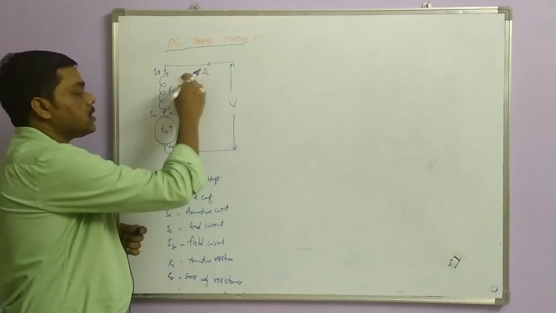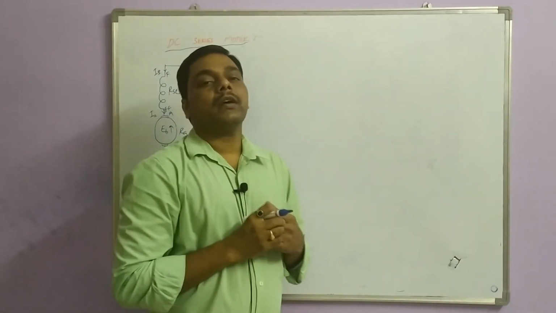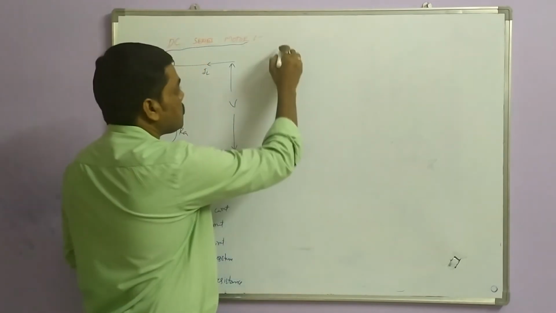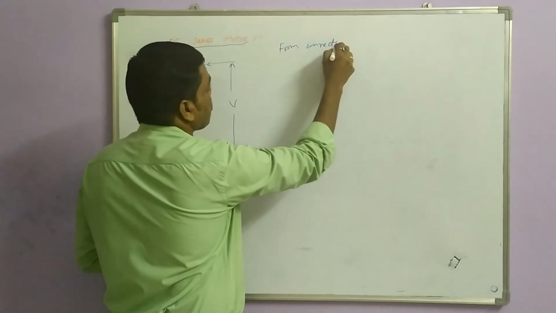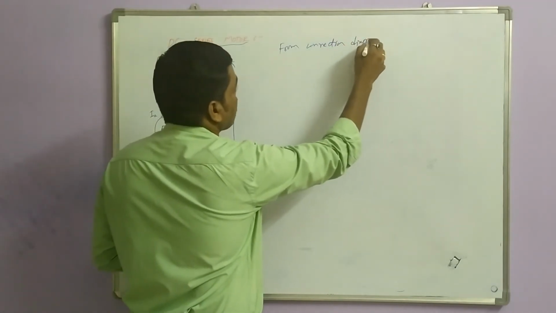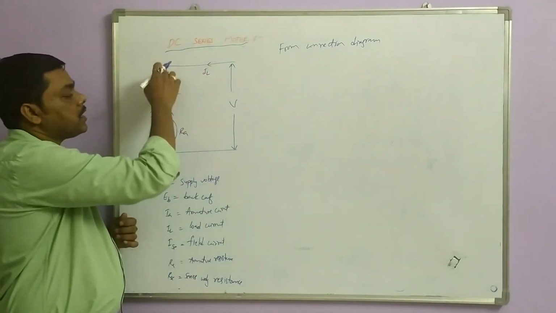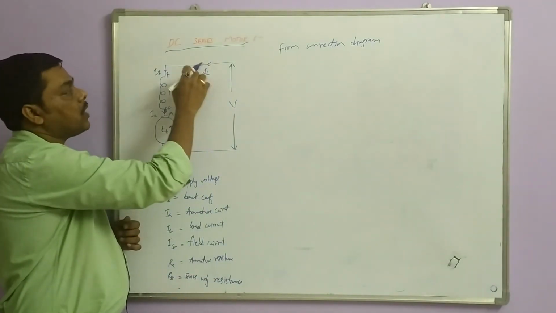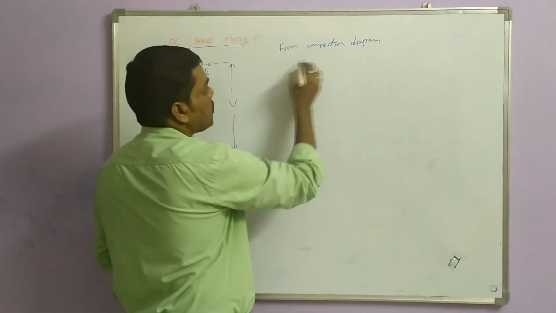Now anyhow a single loop is available, so by just observing the connection diagram we can say that only a single path is available and all the currents will be the same. So the same current is flowing through this.